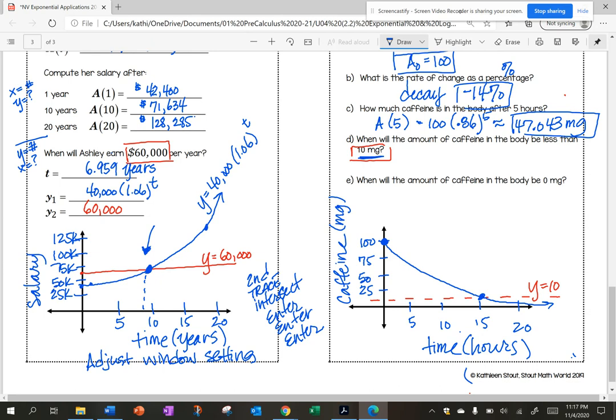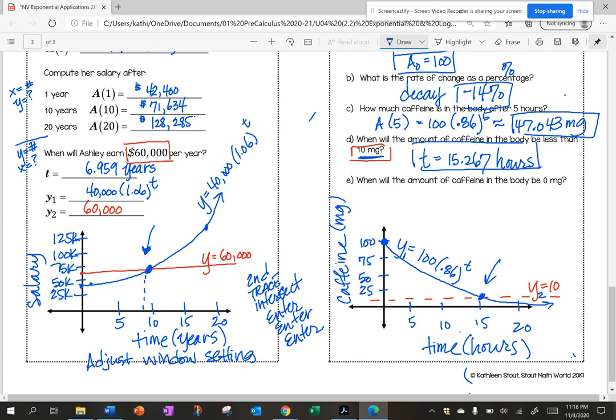I'm looking for this intersection right here. So this is my y equals 100 times 0.86 to the t. I'm going to put this in y1, this in y2. I'm going to find my second trace intersect, enter, enter, enter. And I get t is about 15.267 hours. So again, we're going to round to 3 decimal places when we're talking about exponentials.